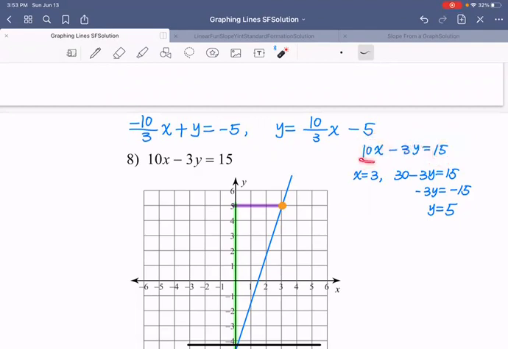Give a try for another integer point. y is 5, we already used it. It could be 10, x can be 6. Sure, we can do x to be 6.